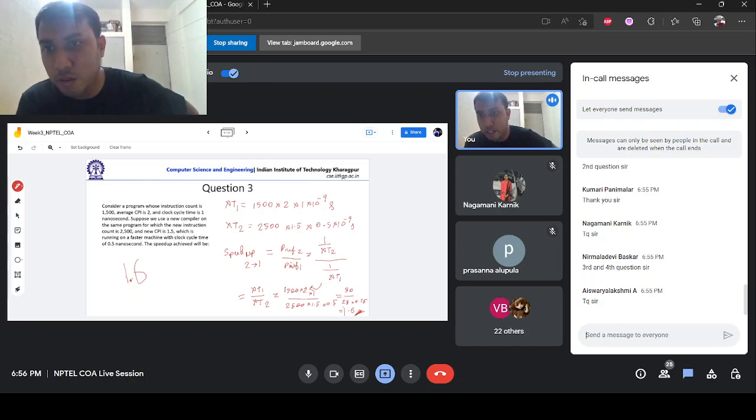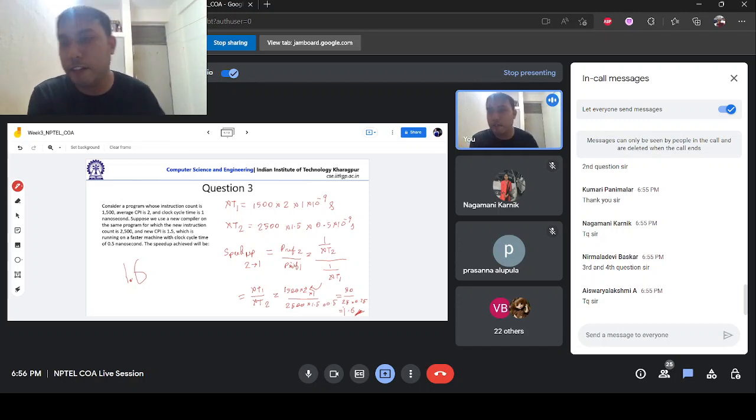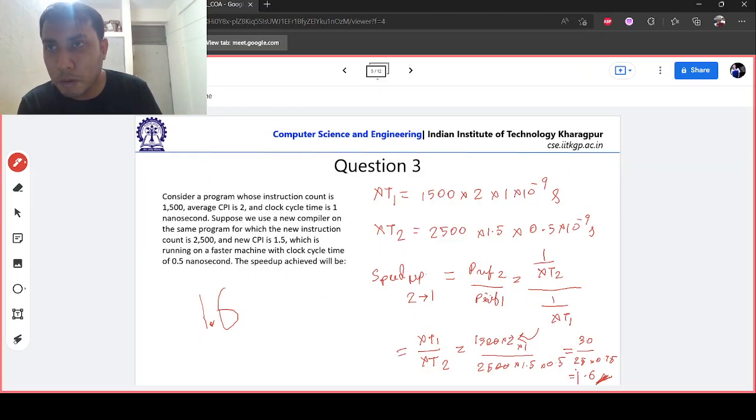Suppose we have a new compiler for the same program, and for that compiler the instruction count is 2500, CPI is 1.5, and it is running faster with a clock cycle of 0.5 nanoseconds.